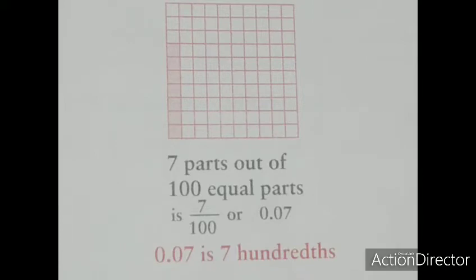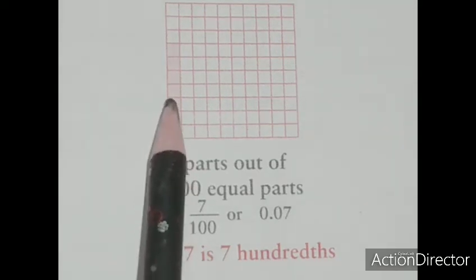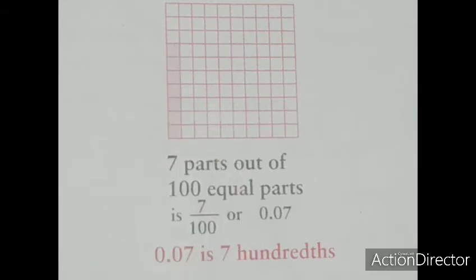Right, now we discuss hundredths. So in this example, the total number of boxes is 100, right? And the total number of shaded boxes: 1, 2, 3, 4, 5, 6, 7.